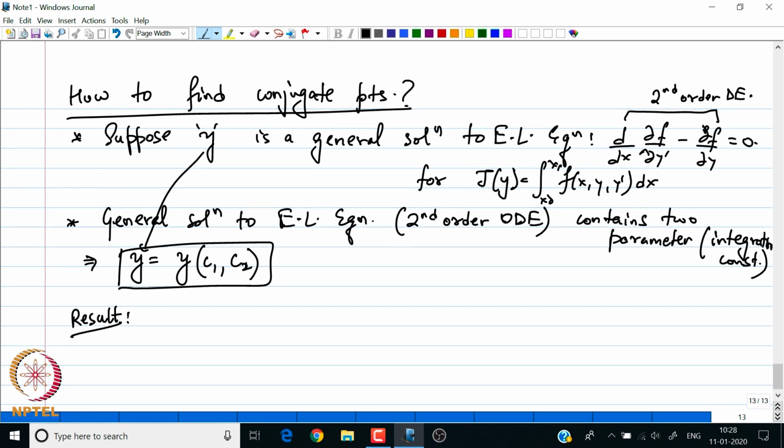In order to find the conjugate points, we have to find the solution to the Jacobi accessory equation.